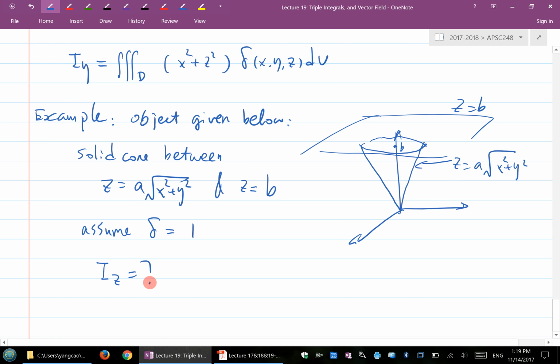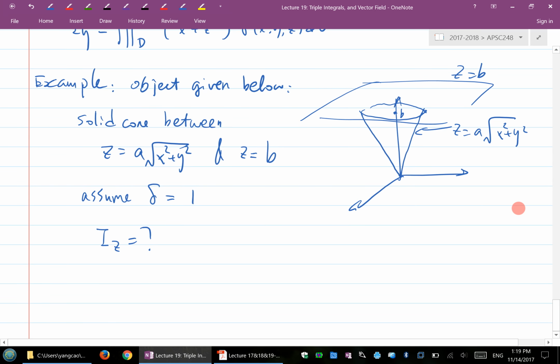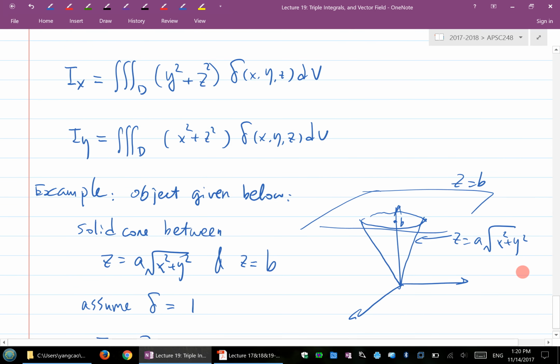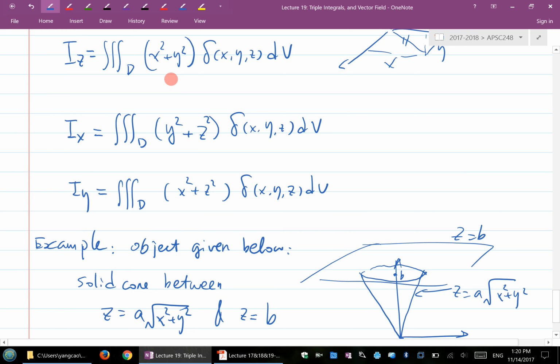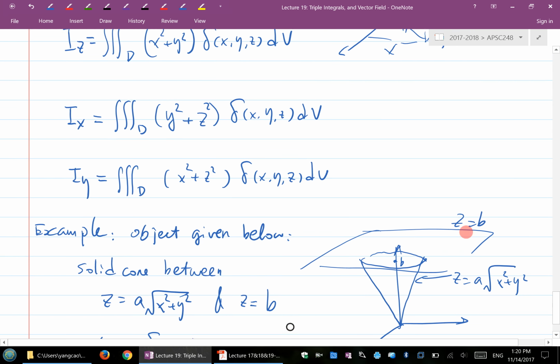If you try to spin this object around the z-axis, it's like spinning a top. How hard is it to spin it about the z-axis? Basically, it's given by this value Iz, the moment of inertia. So that's what we want to calculate. Here's the formula that we're going to use: Iz equal to this.